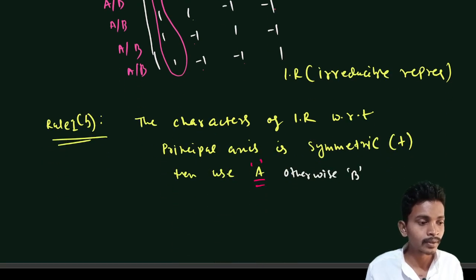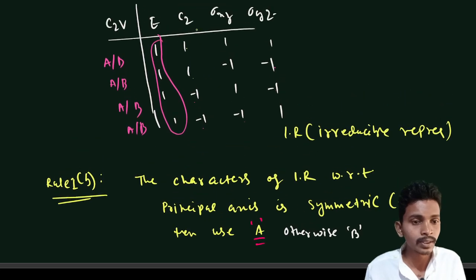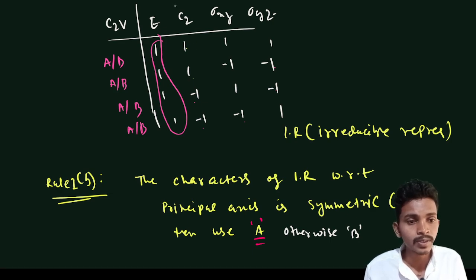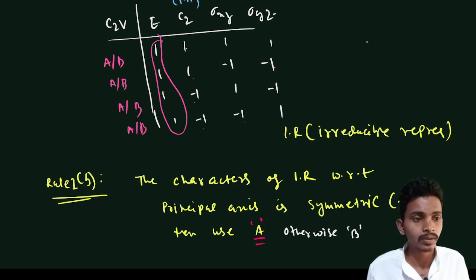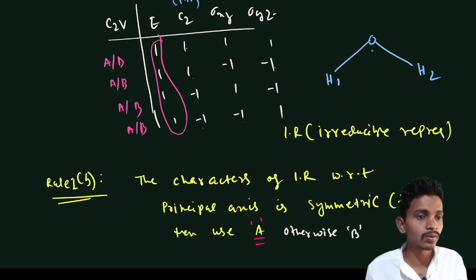So here, on the basis of C2, this is the principal axis for water. I have already discussed the water structure. H1, let's say this is H2, and our axes are X, Y, and Z. I am passing the C2 axis like this, C2Y.